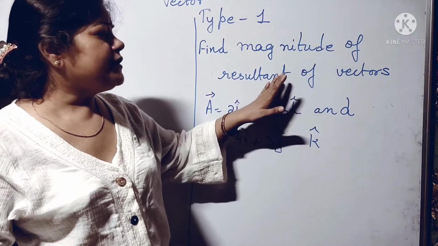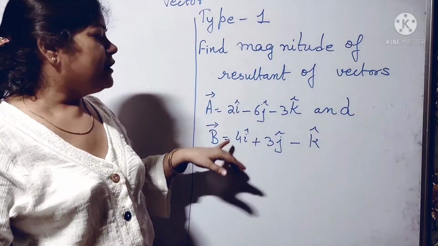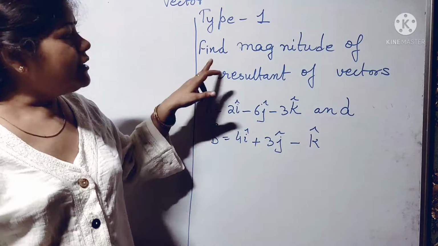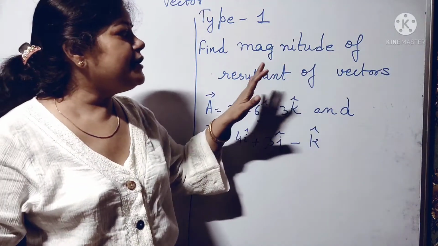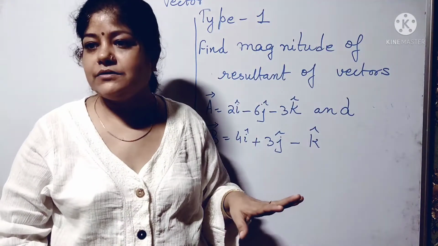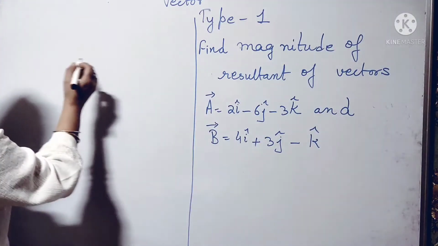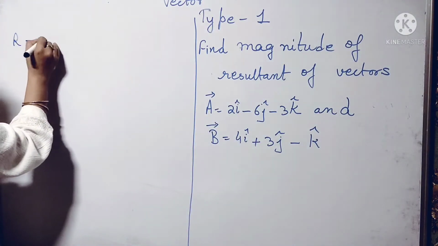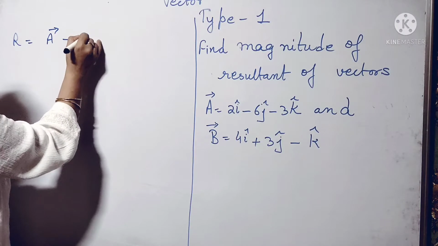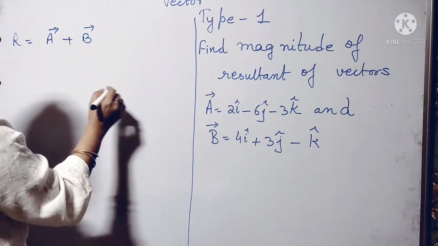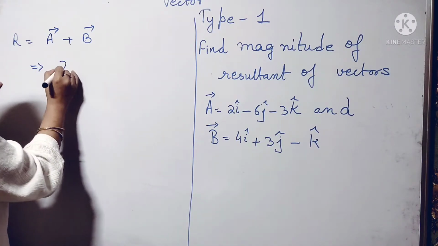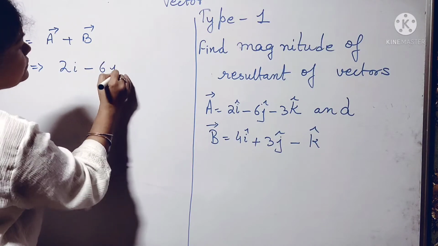Find the magnitude of the resultant of vectors. There are two vectors, and in the question it is given, find the magnitude of the resultant of vectors. So simply, in this type of question, you find the resultant by adding these two vectors. Now I am going to add these two vectors using the tabular form.